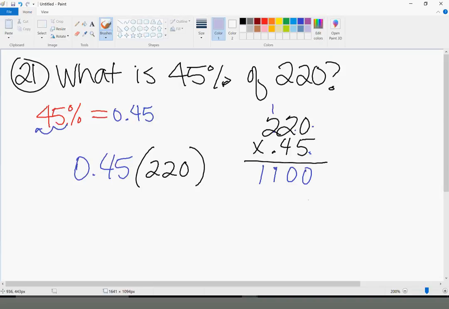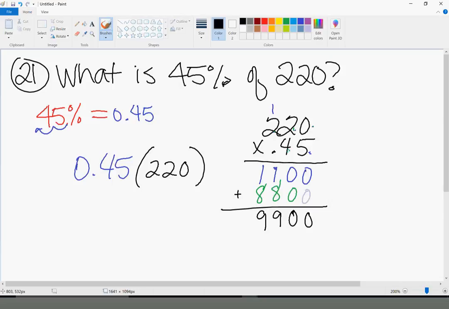Now we're going to put a placeholder here. Now, 4 times 0 is 0. 4 times 2 is 8. 4 times 2 is 8. So now we're going to add. So 0 plus 0, 0 plus 0, 1 plus 8 is 9, 1 plus 8 is 9.